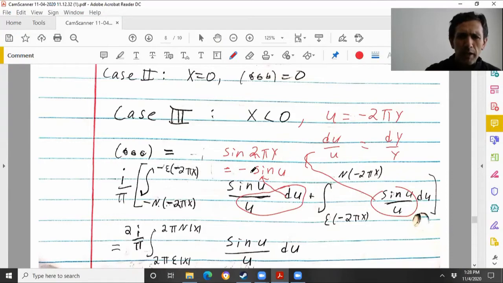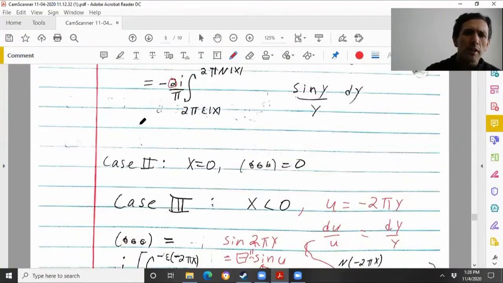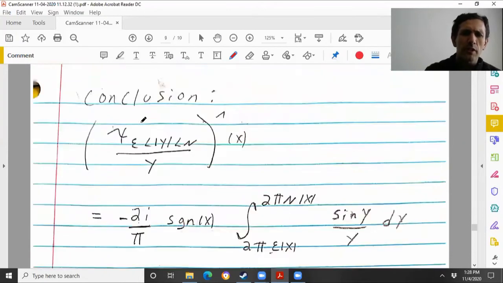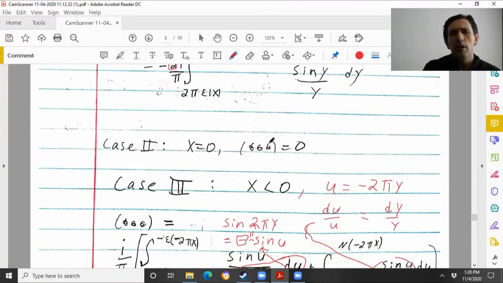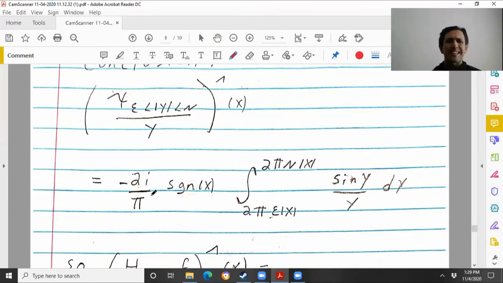So again, this minus here, which is super important, I can't fit another exclamation mark, but this minus sign here is what gets rid of this minus sign here to get a plus sign. So the conclusion, and it's actually good that we get 0 when x is 0, because sine of 0 is 0. So the conclusion is that the Fourier transform is minus 2i sine of x times this integral here.